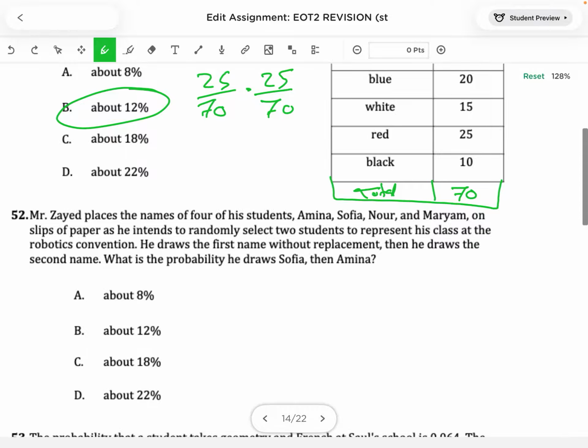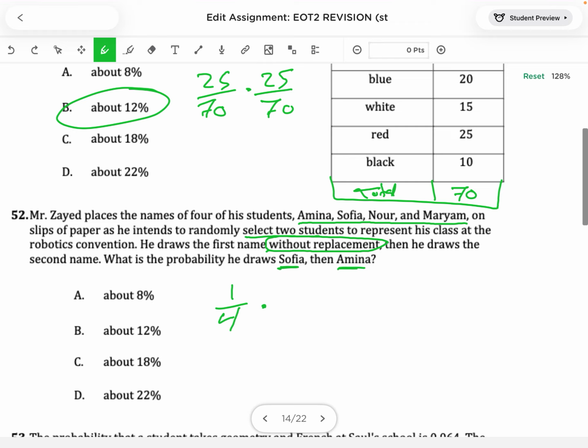Mr. Zaid names students: Amina, Sofia, Noor, and Maryam. He will select 2 students randomly. He draws the first name without replacement, and then he selects the second name. What's the probability of drawing Sofia and then Amina? I have 1 Sofia out of 4 names.